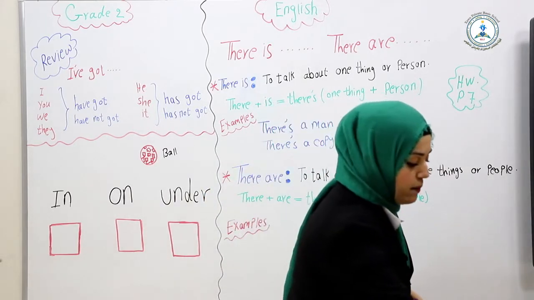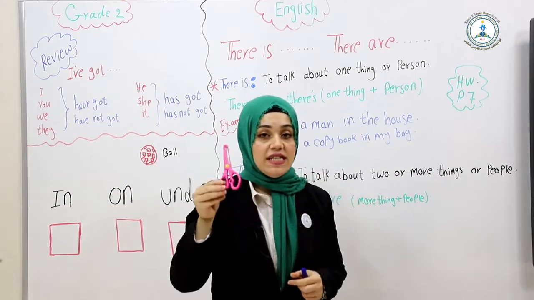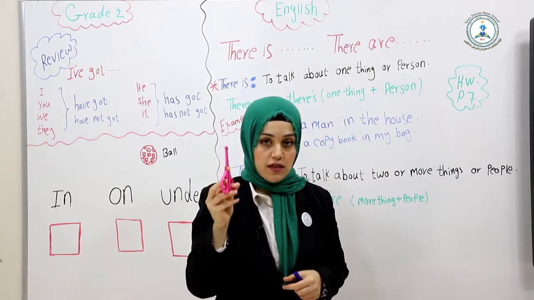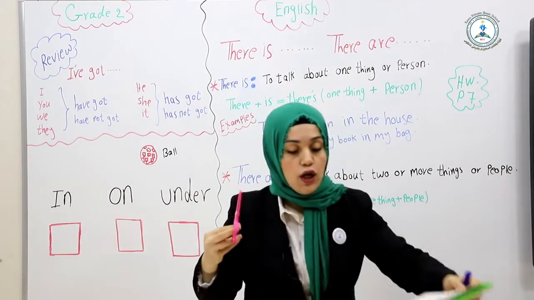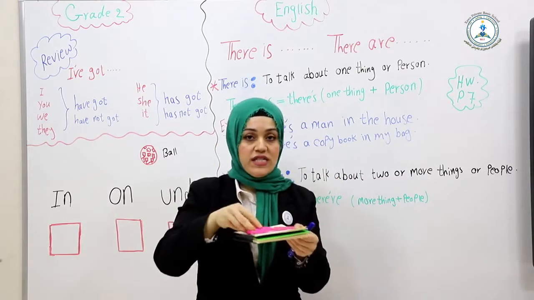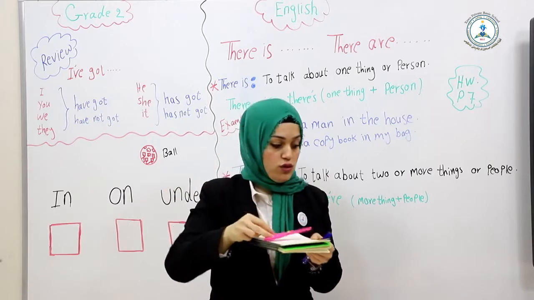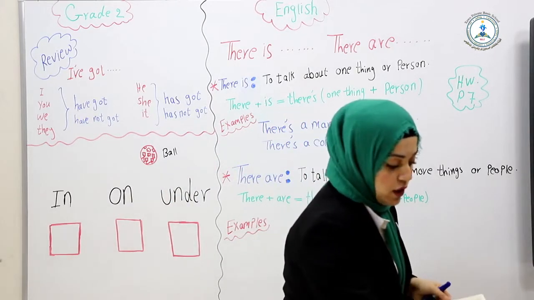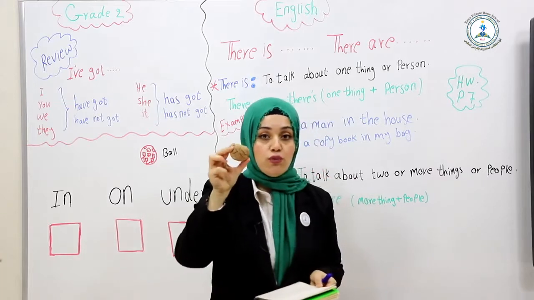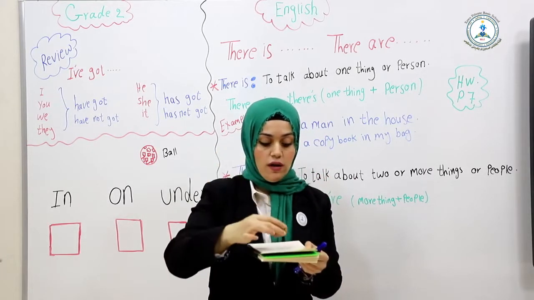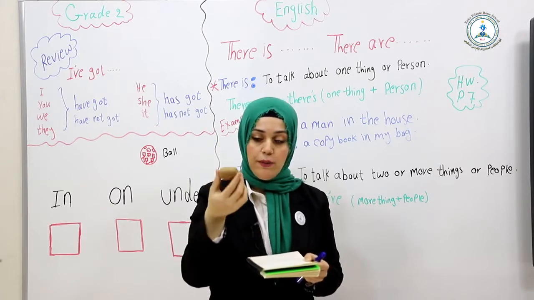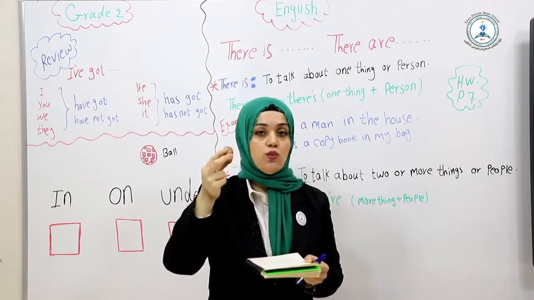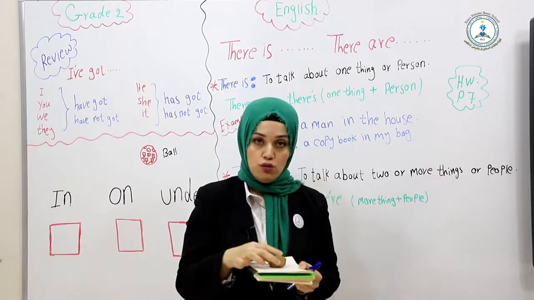Or we say there's one Caesar on the notebook. Or we say there's one rock on the notebook. We say there's one rock on the notebook.